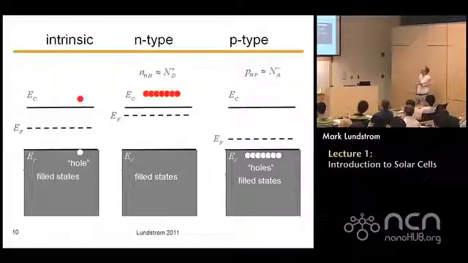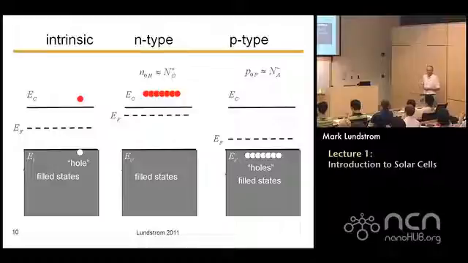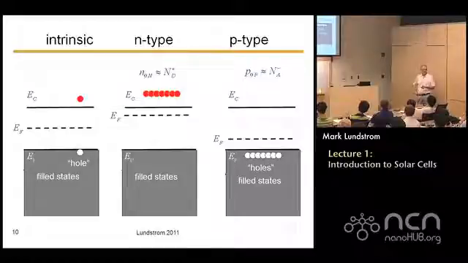So for every phosphorus atom that I put in, if I put in N_D of them, I break a bond, and that extra electron is now a free electron to move around in the conduction band. So we would say that that material is doped N-type, and the number of electrons is equal to the number of phosphorus atoms that we put into the silicon. If we cool it down, they might freeze out because there might not be enough thermal energy to break that weak bond to the phosphorus atom.